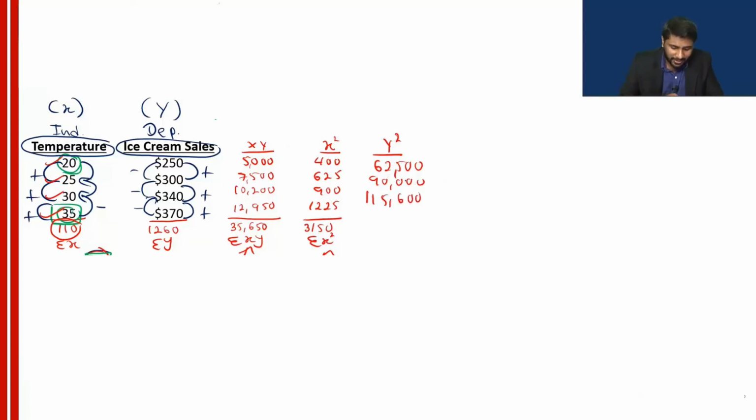And next one, 370 squared, is 136,900. If I take the total, 62,500 plus 90,000 plus 115,600 plus 136,900, I am getting 405,000. So this is the sigma y square, the y square column sigma: 405,000.